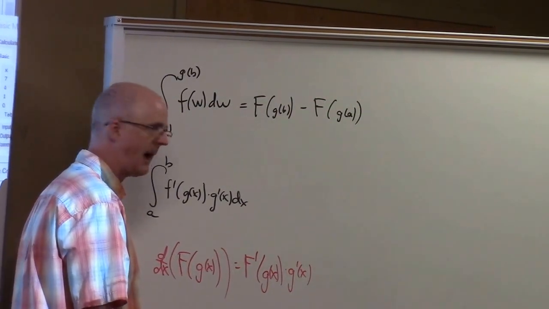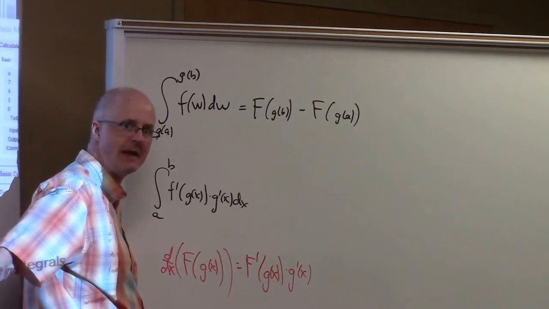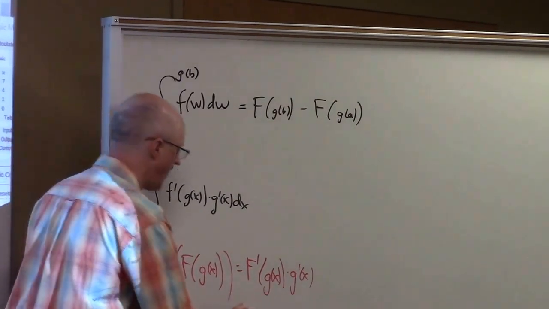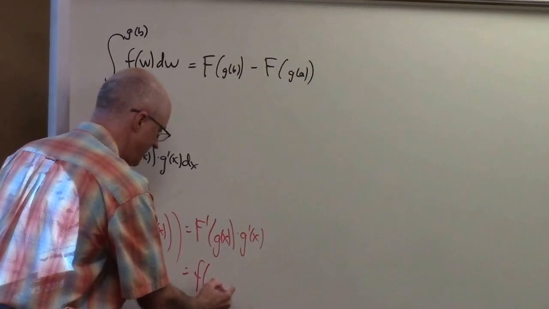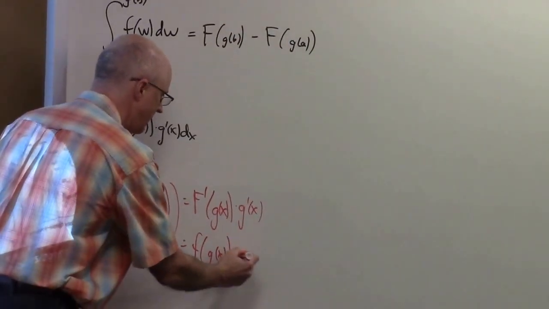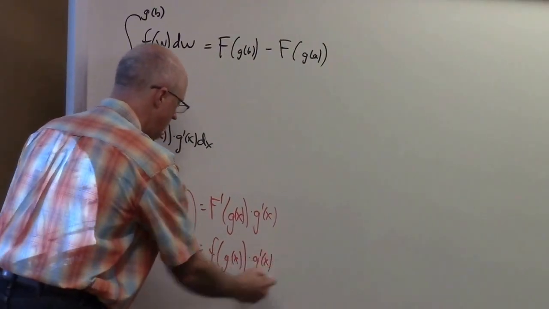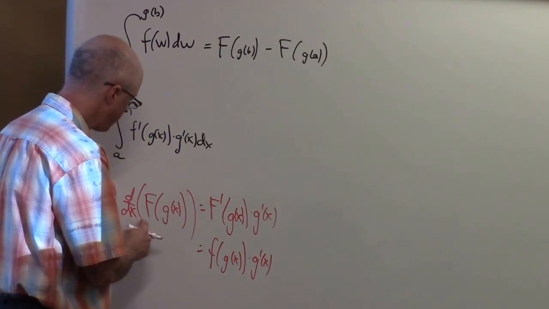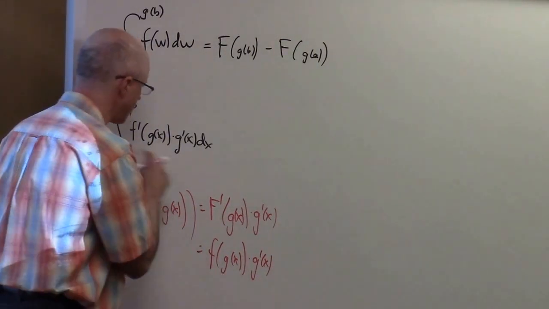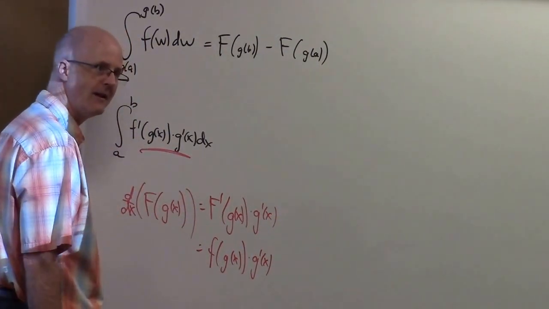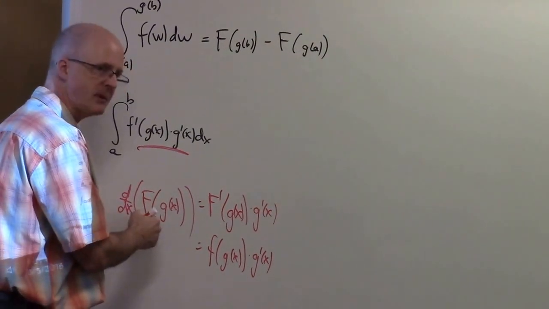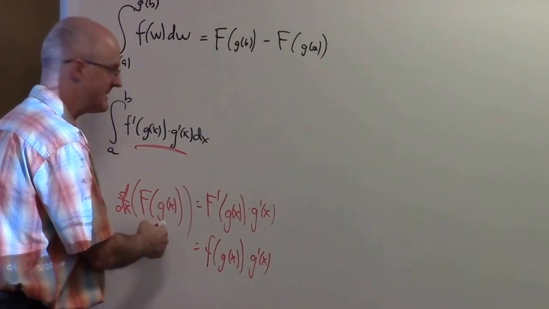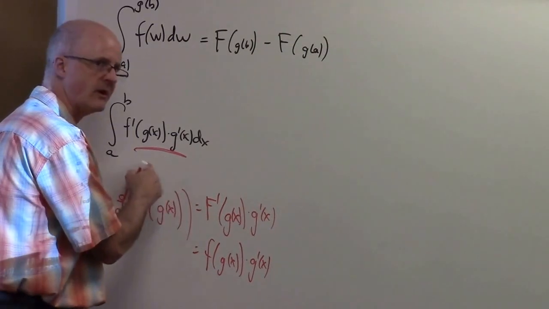And capital F, once again, is assumed to be an antiderivative of little f, so capital F prime is little f. They're the same thing by assumption. So what do we have here? We have the derivative of this function is the function we're integrating. Therefore, this function, capital F of g of x, is an antiderivative of this function we're integrating.